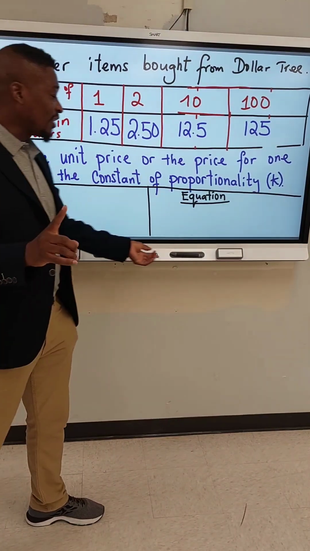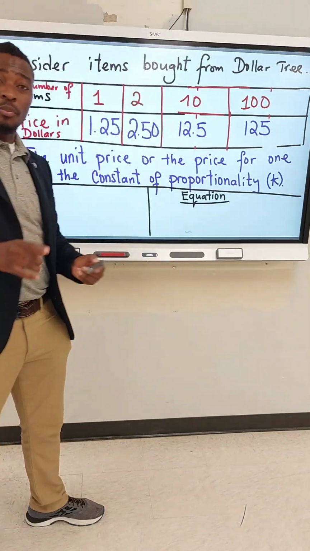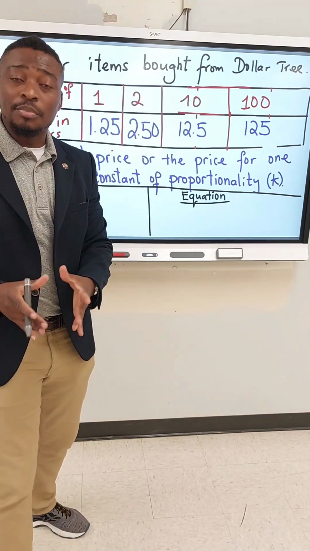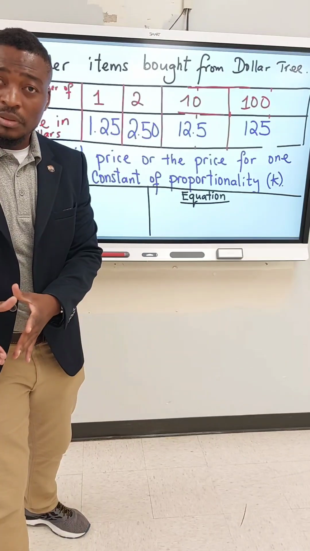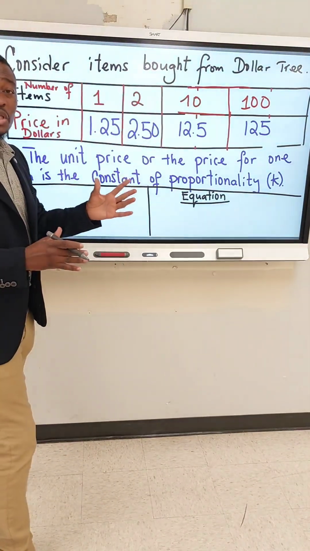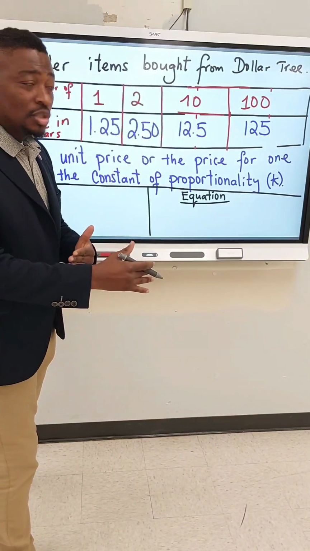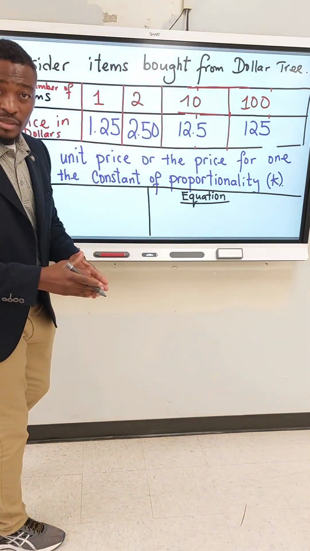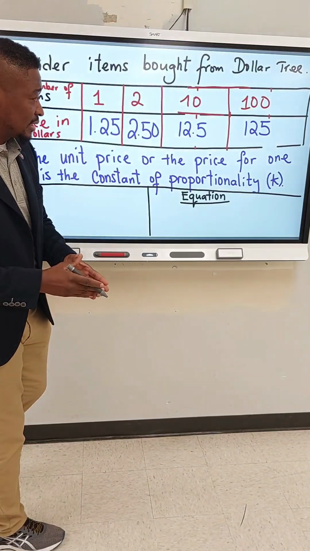Okay, so in order for us to find out if they are proportional, we need to know what a proportional relationship is. In a proportional relationship, one quantity is a multiple of the other. So let's find out if there is a multiplier here, or a constant of proportionality.